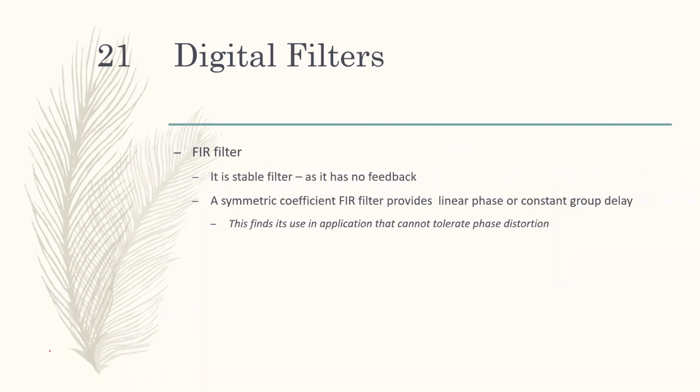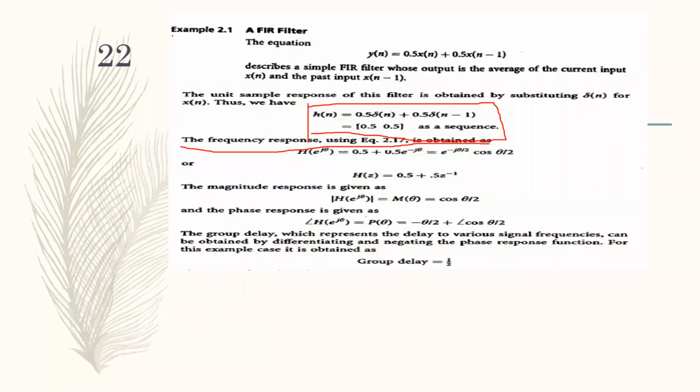So when I substitute it in that equation, I'll be getting H of e^{jθ}, which will be equal to summation of h of n into e raised to minus jθn. So 0.5 into delta n, that is I'll be having 0.5 into e raised to j0, so it will be 0.5, and 0.5 into e raised to minus jθ into 1.